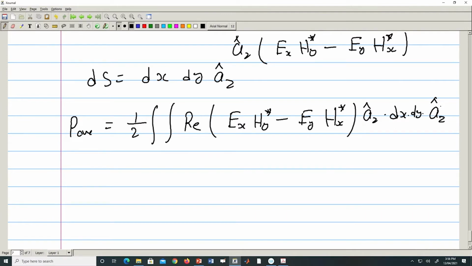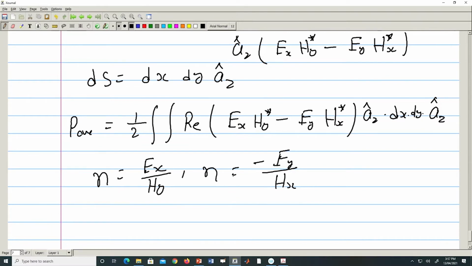Here we know eta equal to Ex upon Hy and eta equal to minus Ey upon Hx. So, we can substitute here Hy equal to Ex upon eta, so Hy star will be Ex star upon eta.